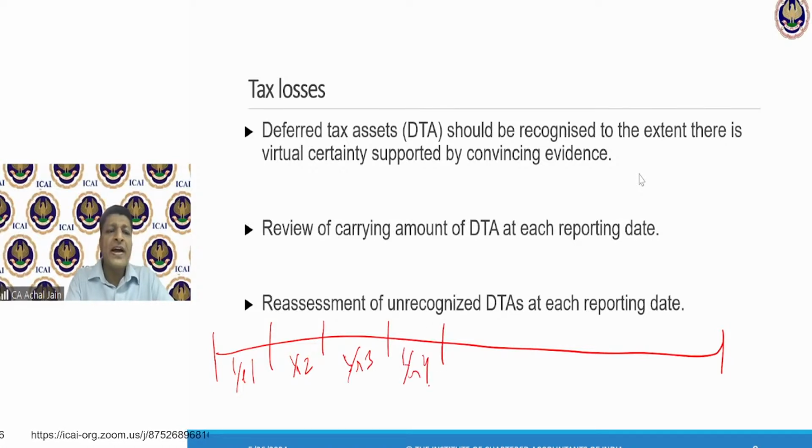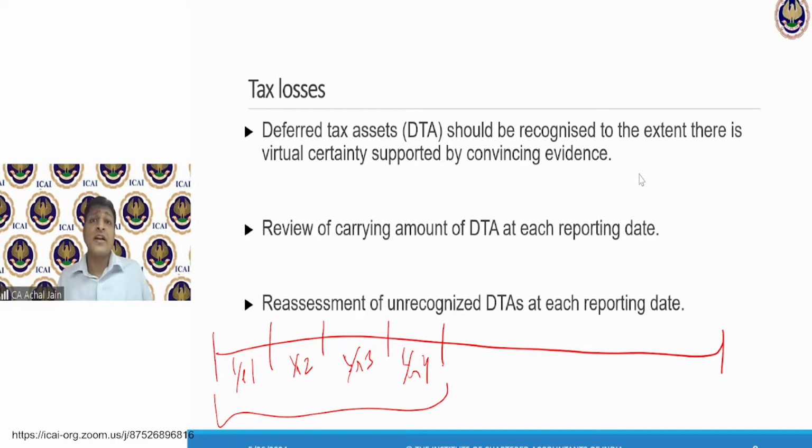In all of these years, the company has been incurring losses, and these losses are getting accumulated. And there's a time frame allowed under income tax up to which you can carry forward those losses, whether in the form of depreciation or business losses.